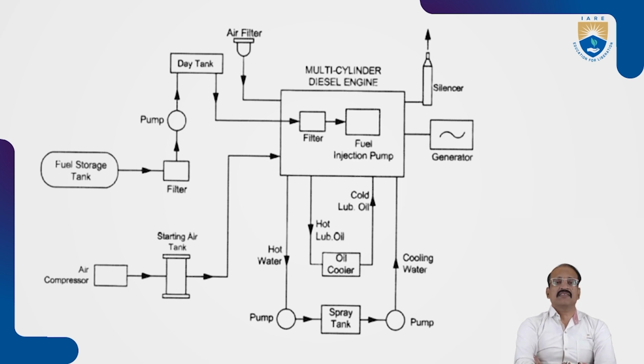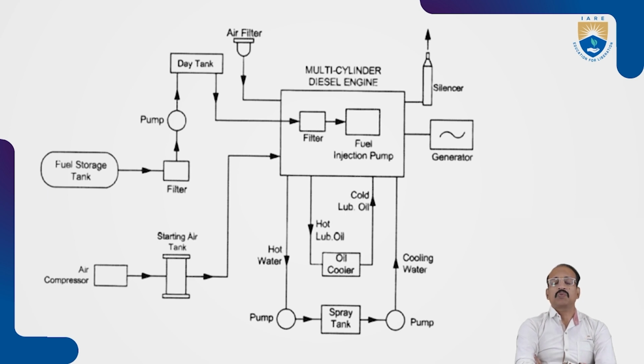So the first thing is the same as the coal power plant. There is storage, a coal handling plant there, and here a fuel storage tank. The fuel is normally diesel. Next we have a filter to filter the impurities, and a pump.